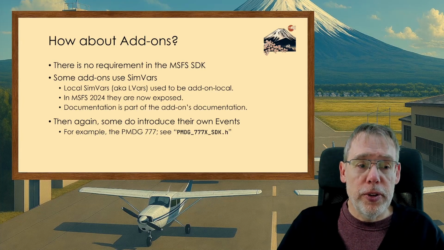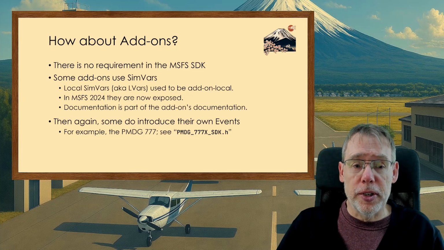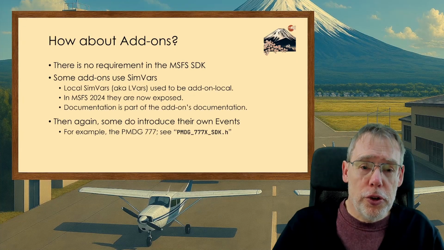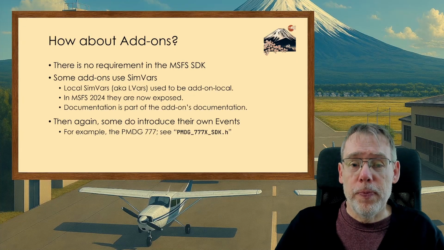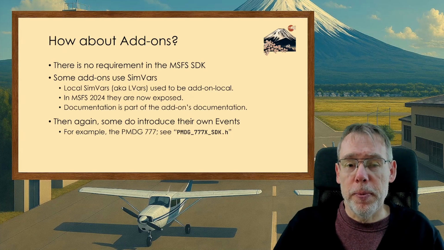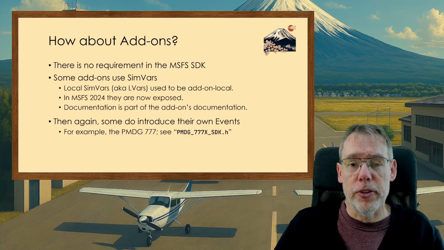For example, there are some add-ons that prefer to use simvars and then the so-called local simvars or lvars. They used to be add-on local, which meant that if you have an external program connecting through SimConnect, you cannot even request the current value.